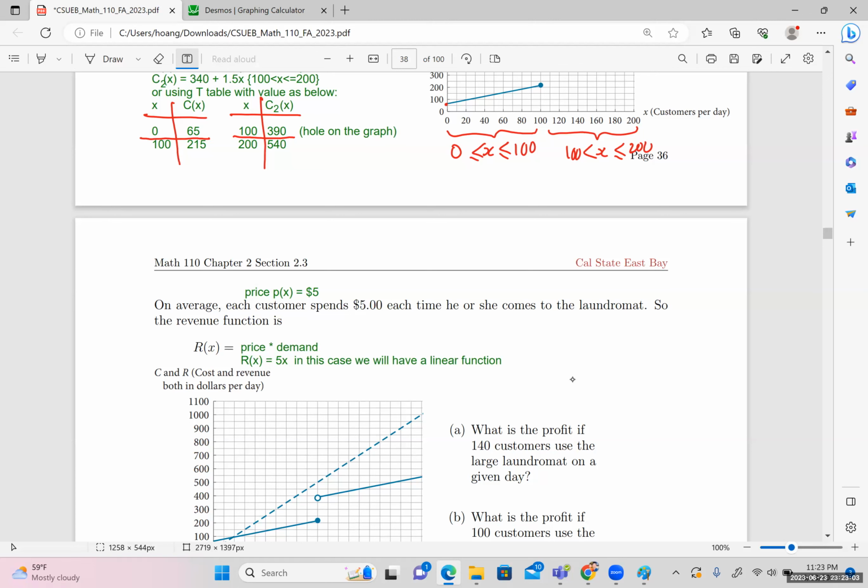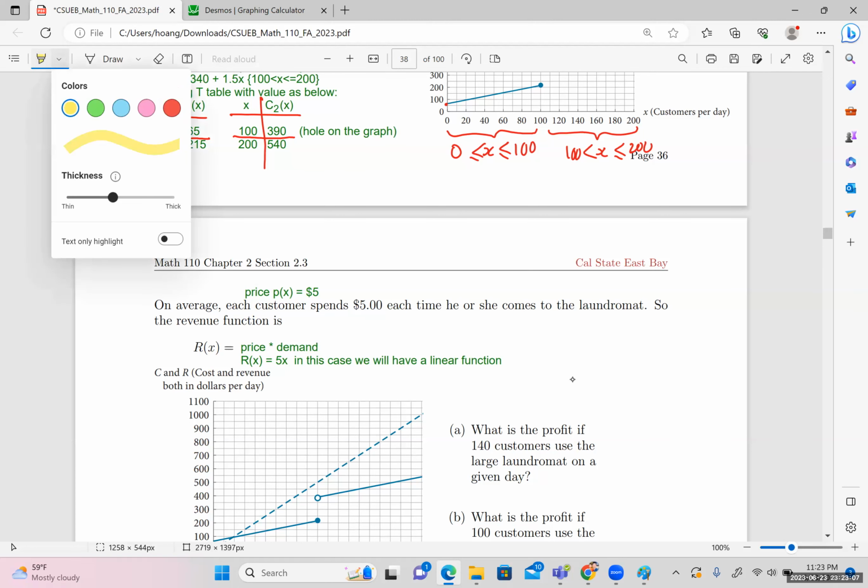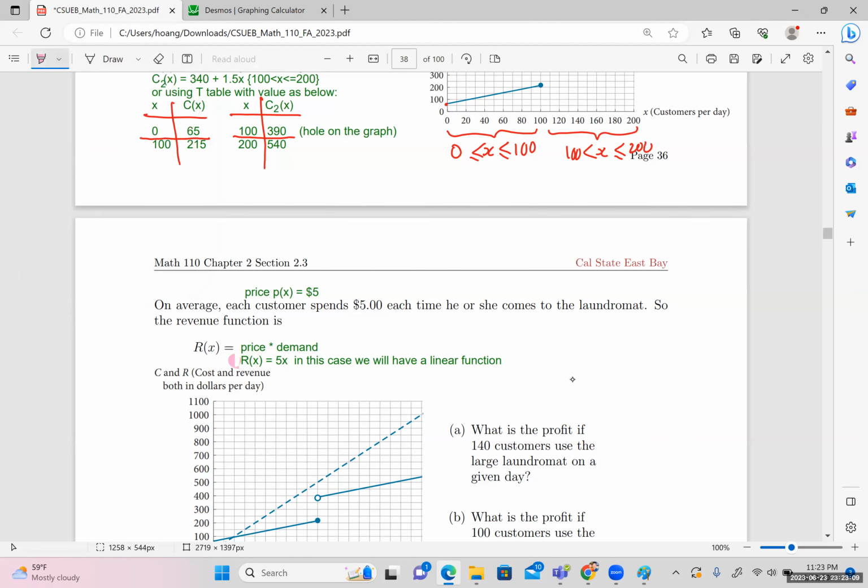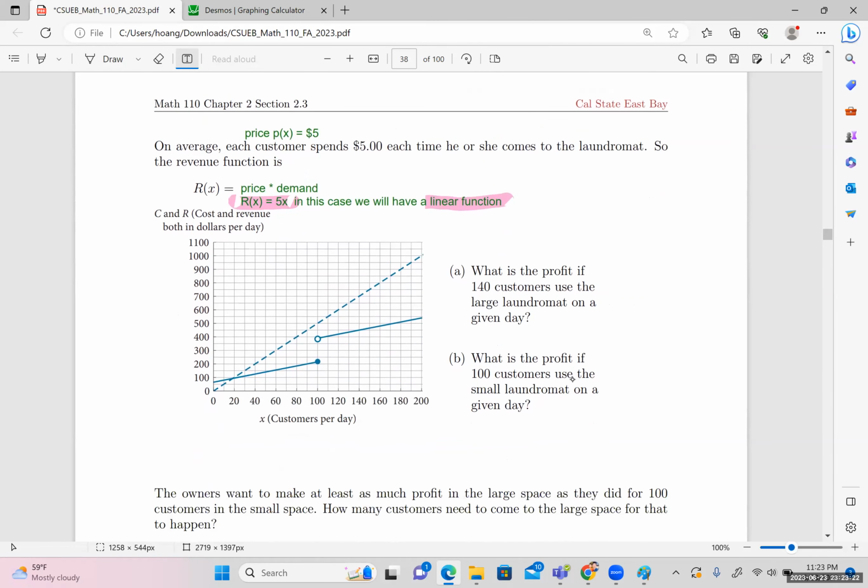So I'm going to highlight this guy to make sure. So now, instead of a parabola, I will have a linear or line graph.